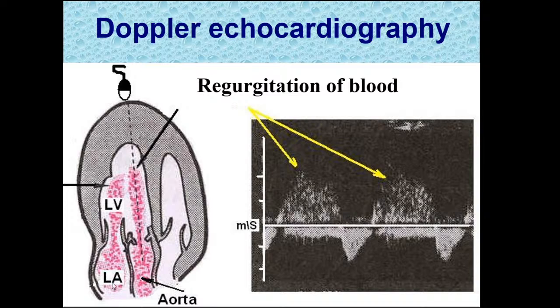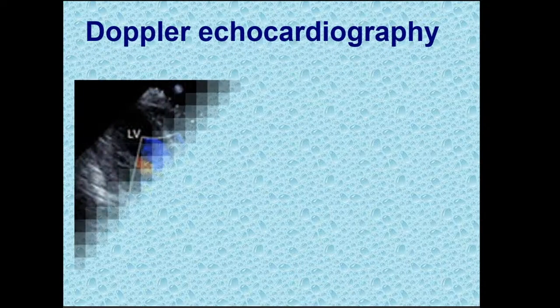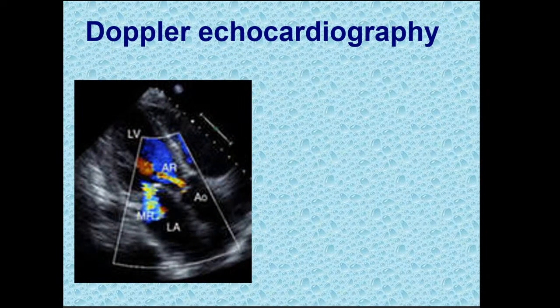Blood goes in the normal direction from the left atrium and abnormally from the aorta. Again, you can see the normal blood flow, which is blue, and the abnormal blood flow, red, from the aorta into the left ventricle.